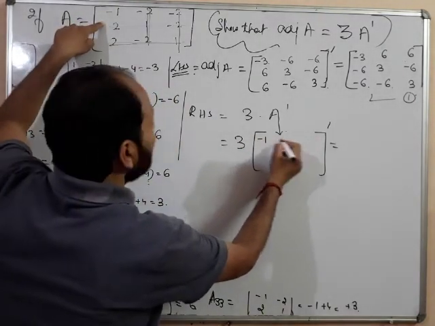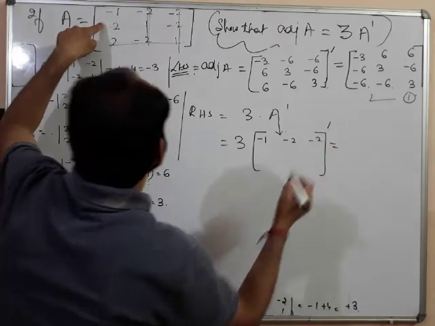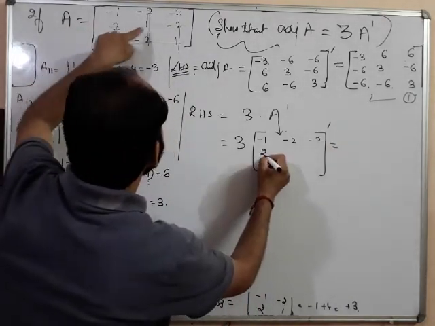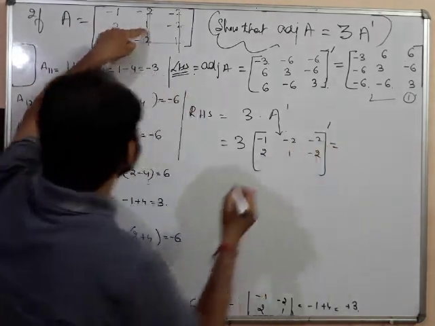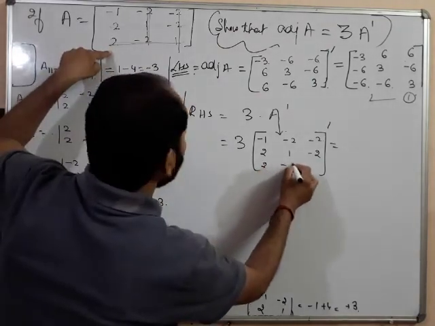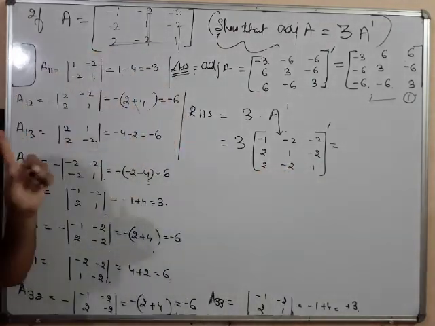Minus 1, minus 2, minus 2, 2, 1, minus 2, 2, minus 2 and 1. Clear?